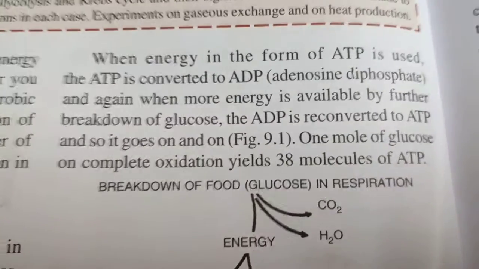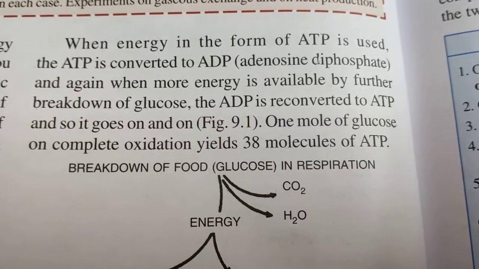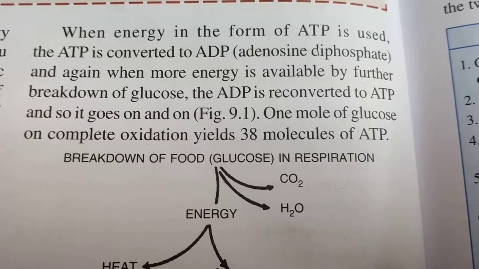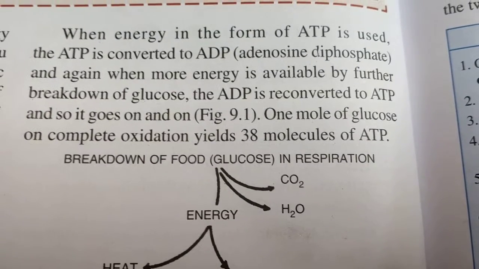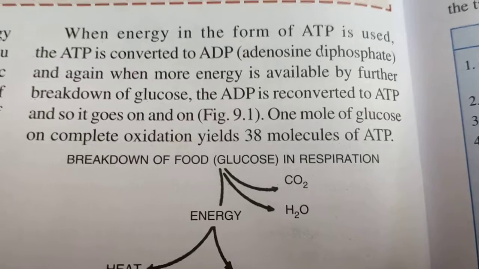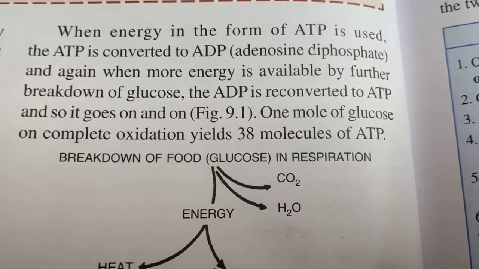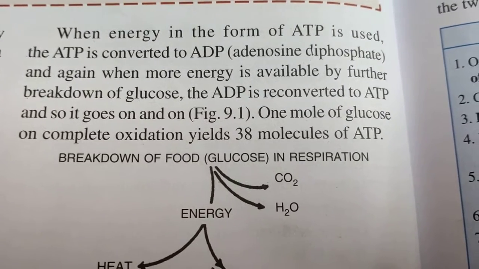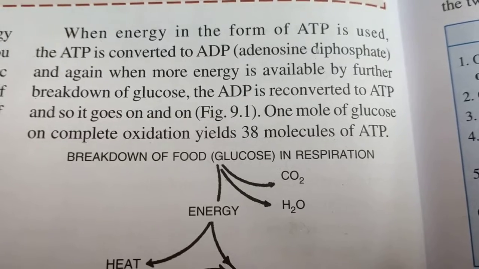Now, when energy in the form of ATP is used, the ATP is converted to ADP, and again when more energy is available by further breakdown of glucose, the ADP is reconverted to ATP, and so it goes on and on. 1 mole of glucose on complete oxidation yields 38 molecules of ATP. So ATP is converted to ADP.